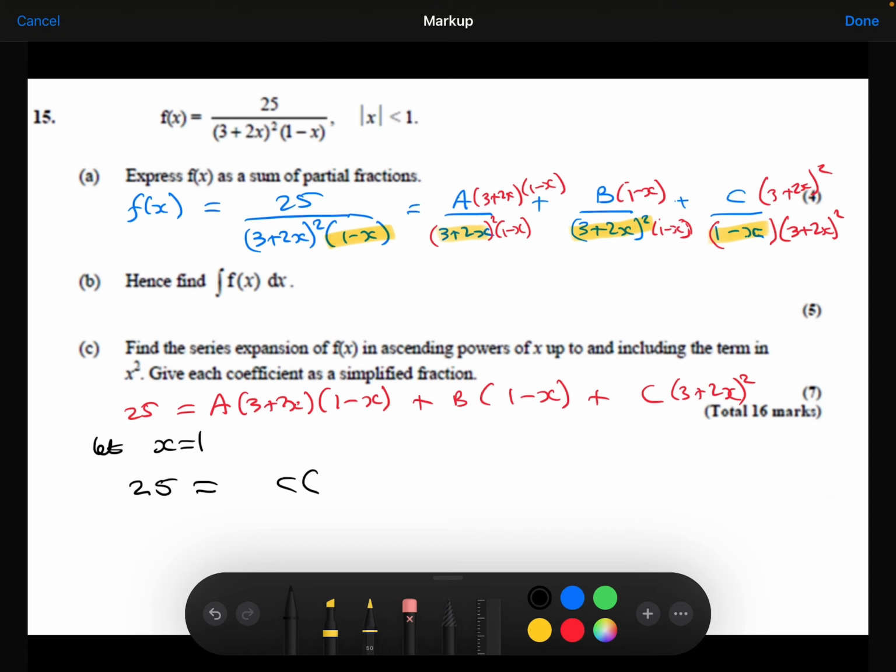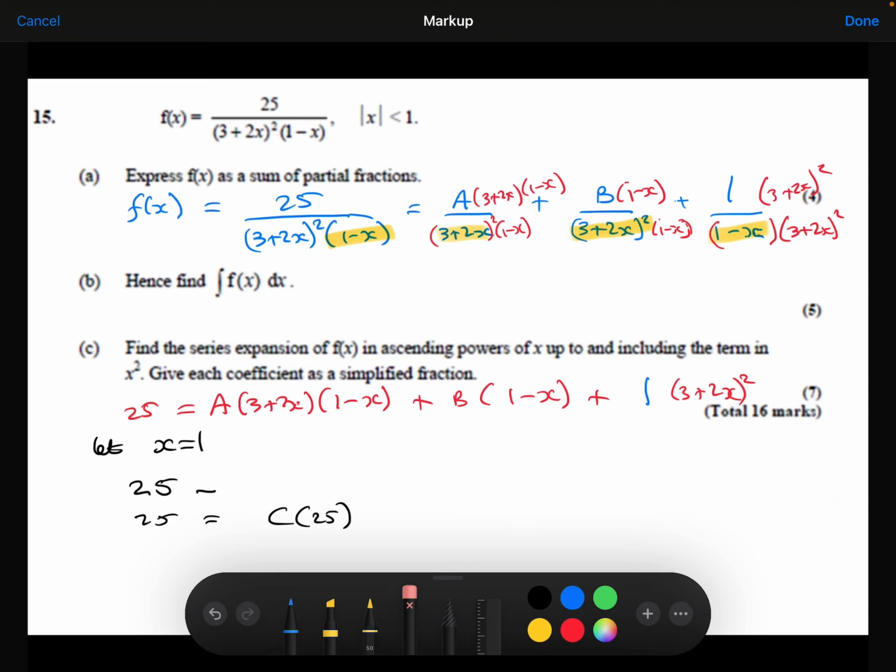So 3 plus 2 is 5, 5 squared is 25. So 25 equals c times 25, so c is 1. So we know that c is 1, so let's put that 1 in those two places.